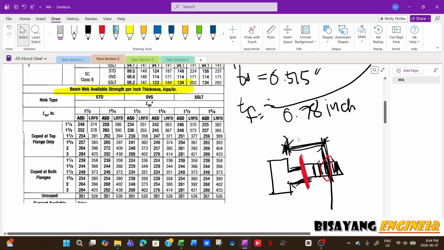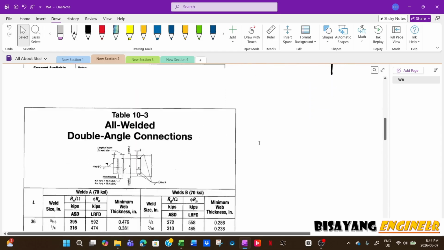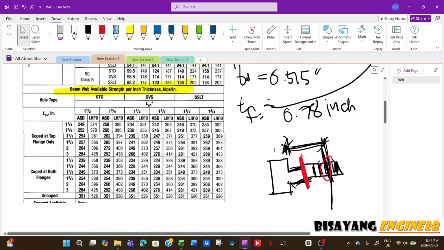So that's why we need to get the thickness of the web, because this one will calculate it. So for example, you have two options, or two values here. You have the cope, or three. You have the cope at top flange only, the cope at both flanges.